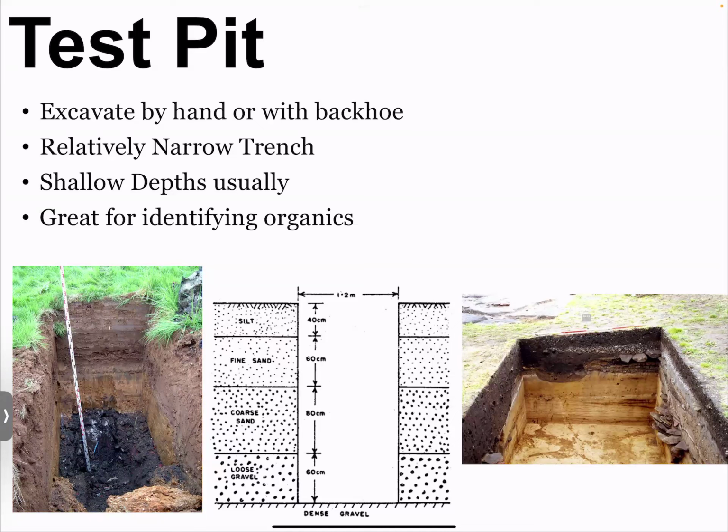We used a lot of these. I wasn't working on this project, but when they were developing Seven Pines just south of us, the geotech contractor for that did a lot of these.